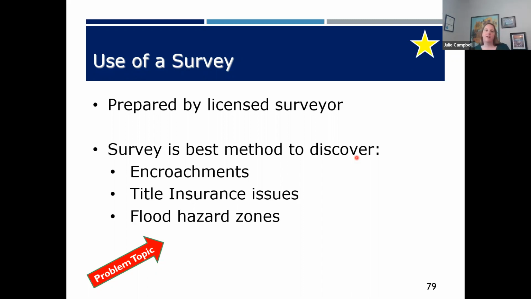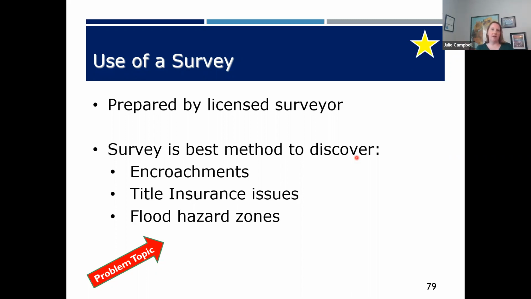As I said earlier, you guys, buyers should almost always be encouraged to order a survey as part of what's known as the due diligence process. We will talk about due diligence in units 9 and 10. But buyers, as part of that process, should always be encouraged to order a survey so they know what they're getting.